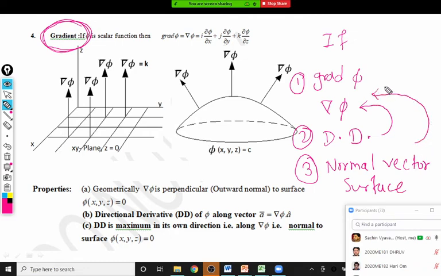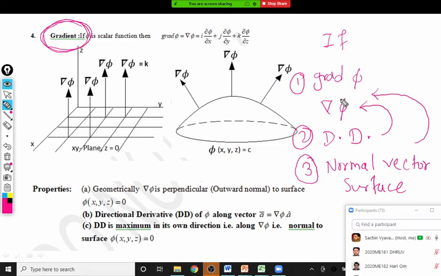So there are three parallel wordings that come in the exam: find the gradient of the function phi, find the directional derivative of the function phi, or find a normal vector to the surface phi. Then also we have to do the same thing, that is del phi. This is the most important thing, you should focus on these three things.